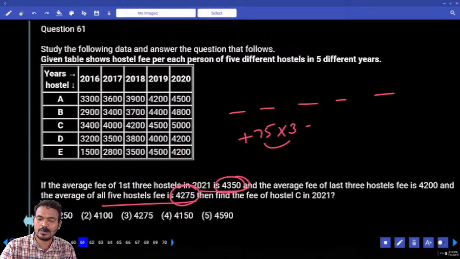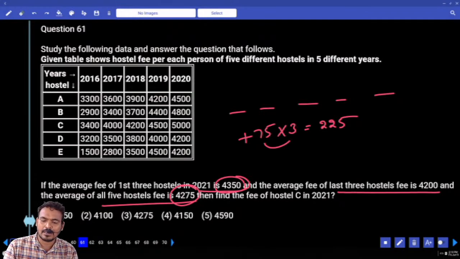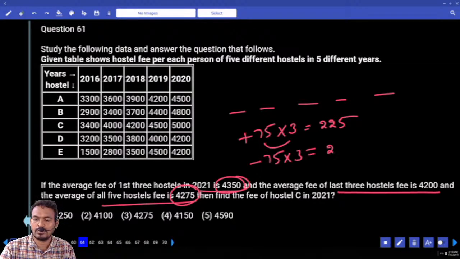How many observations? 3 observations. 75 into 3, what is the sum increase? 225. And the fee of last 3 hostels is 4200. How much average is decreased? 75. How many observations? 3 observations. 75 into 3 is 225. Increased sum 225, decreased sum 225, plus 225 minus 225, 0.